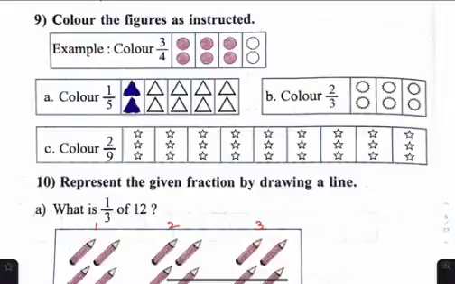So 1 by 5 is shown in the way we have colored it. Now for the second one, 2 by 3. So this is 1. This is the second part. So out of 9 segments, I am supposed to color only 2. This is 1. This is 2. Okay. So we have completed this.